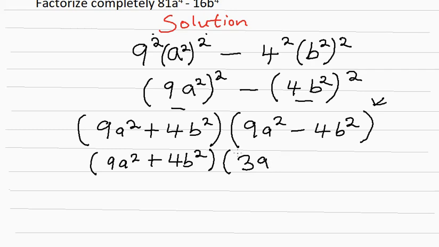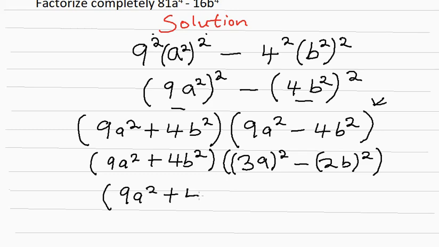You know that already. And this is also going to be (2b) all square. Okay, so 9a square plus 4b square.